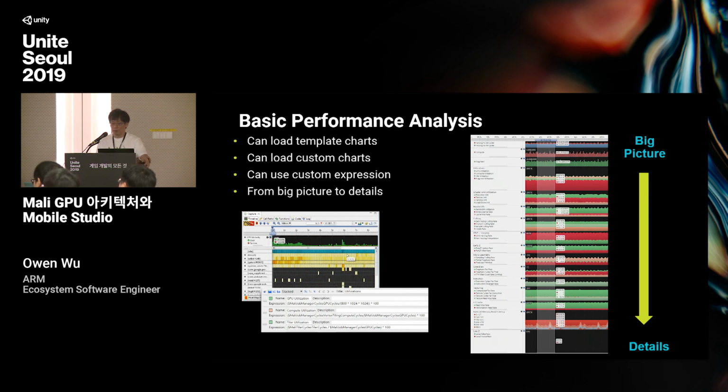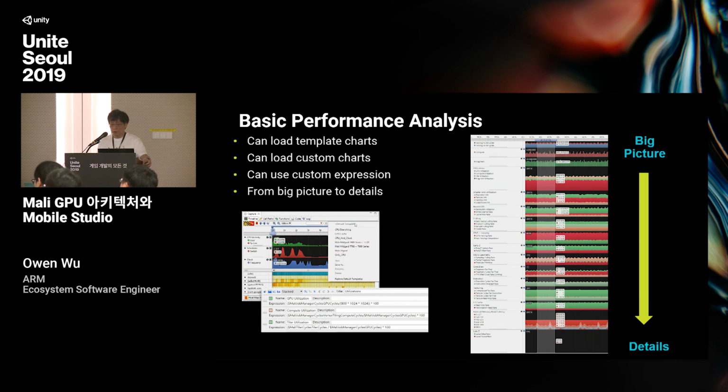First, you can load a built-in template. We have built-in template charts to help you analyze key numbers quickly. There are a few built-in charts for different Mali GPUs, and you can choose a template from the drop-down menu, like here.